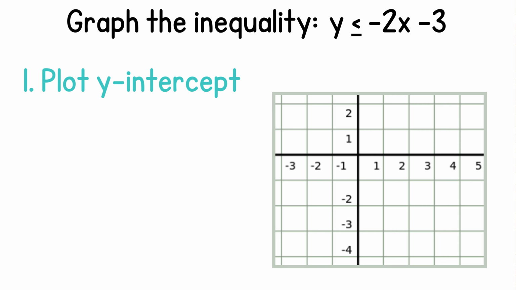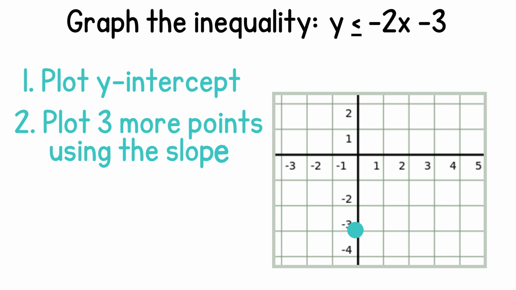We'll start by plotting our y-intercept. In this example, our y-intercept is -3. So we'll put this on our y-axis at -3. Now we'll use the slope to find some more points. Our slope is -2, so we can go down 2 over 1, but since our graph cuts off pretty close to the end, we'll go up 2 and backwards 1 instead.